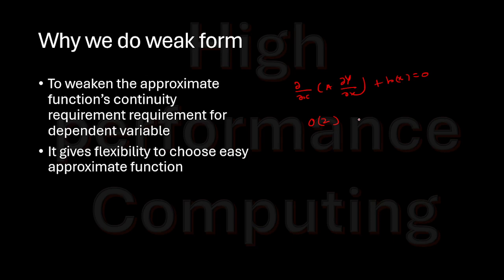So we require a second order approximate function, y equal to a second order approximate function of x. Mostly we will choose a polynomial function as the approximate function. I will teach you about the polynomial functions in the next lecture.